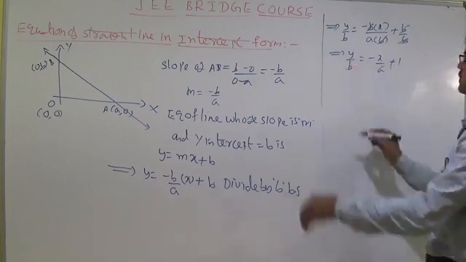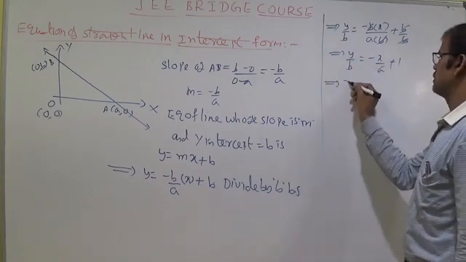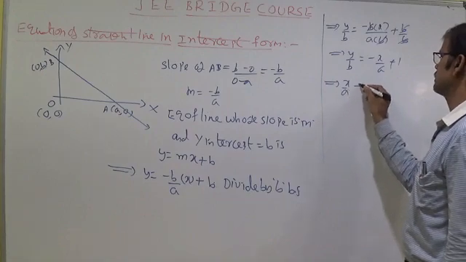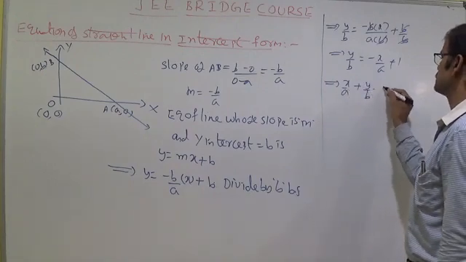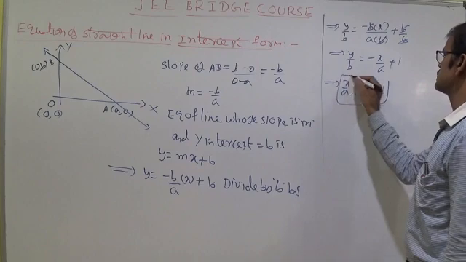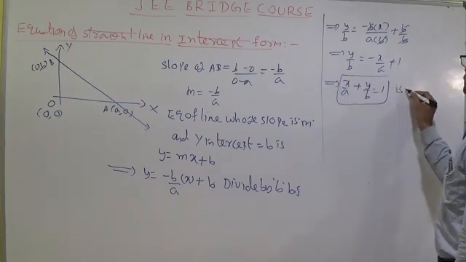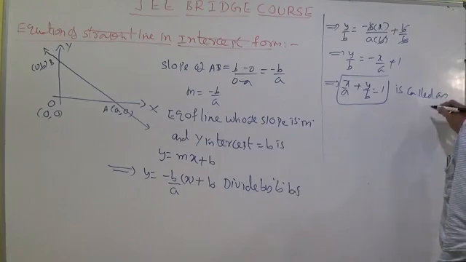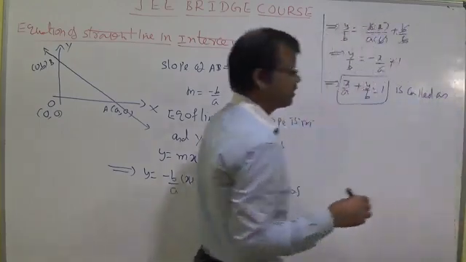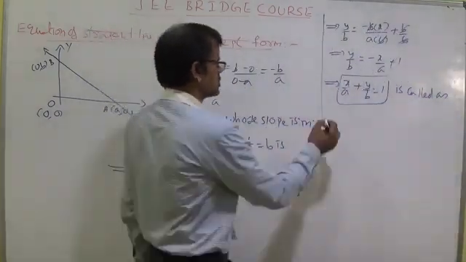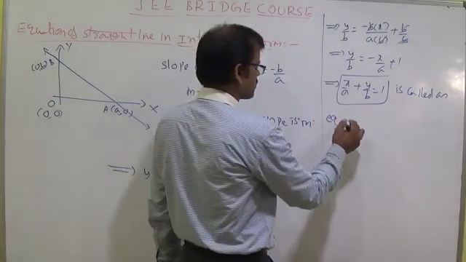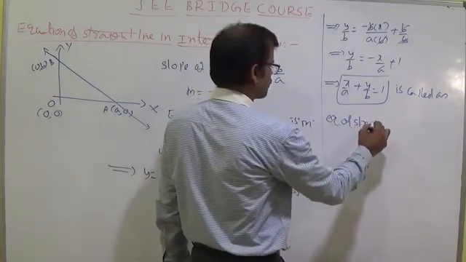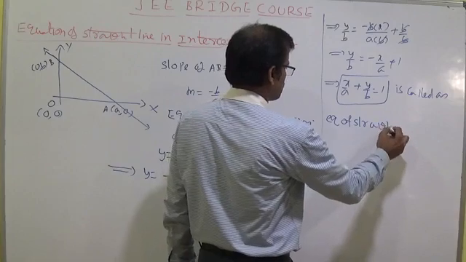Taking minus x by a to this side, it becomes x by a plus y by b is equal to 1. This is called the equation of a straight line in intercept form. This x by a plus y by b equal to 1 is called the equation of a straight line in intercept form.